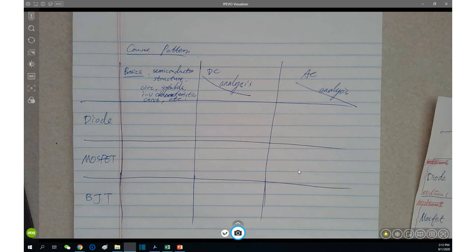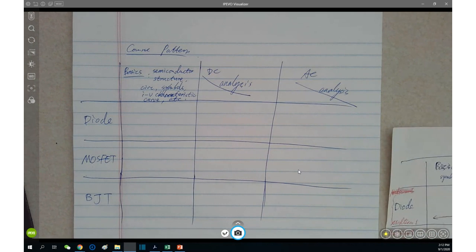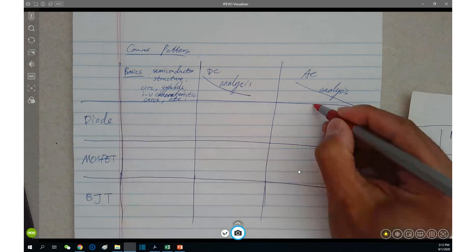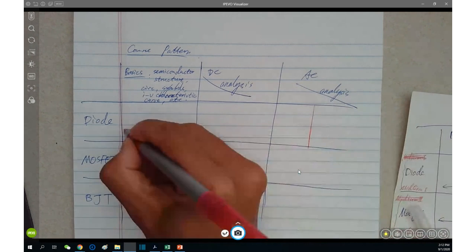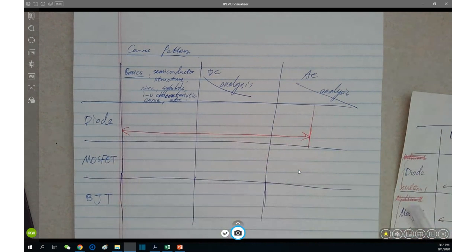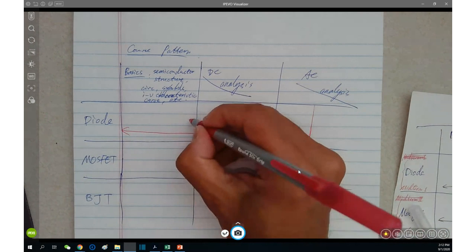And in more detail, if you try to correspond them to our modules or chapters, it's like this. The basics, the DC analysis, and the first half of the AC analysis of the diode will be the chapter 1 knowledge, or say module 1.